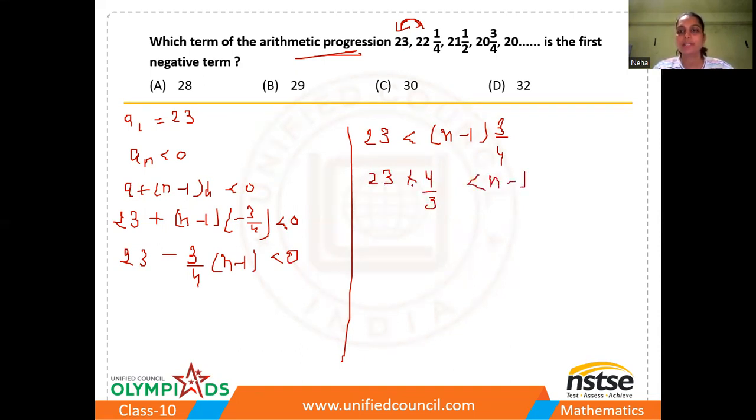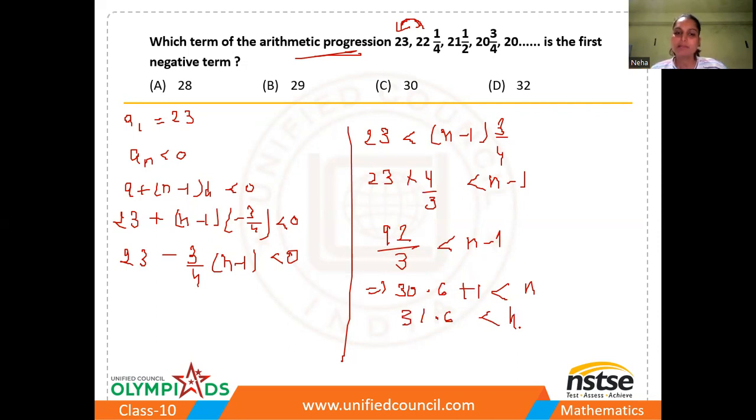Now 23 multiplied by 4 by 3 becomes 92 by 3, less than n minus 1. Now I can just shift one here. So this becomes 30.6 less than n minus 1. That means 30.6 plus 1, this is 31.6, less than n.